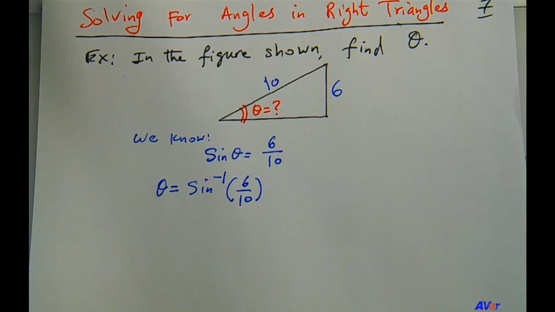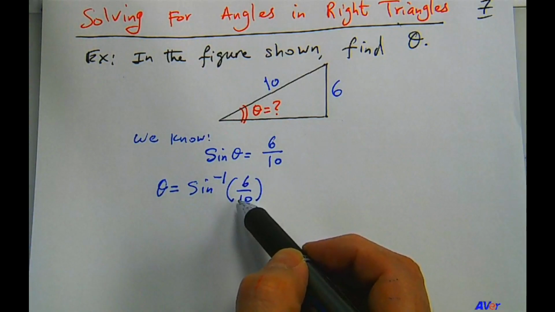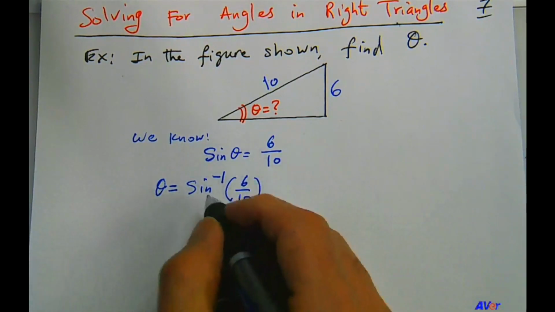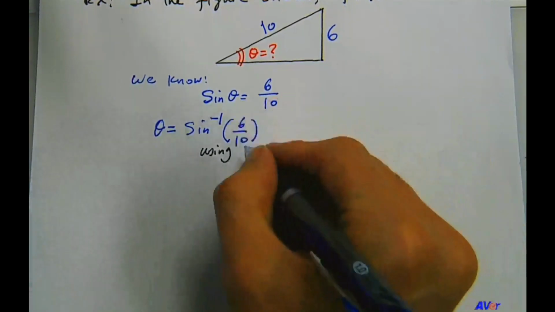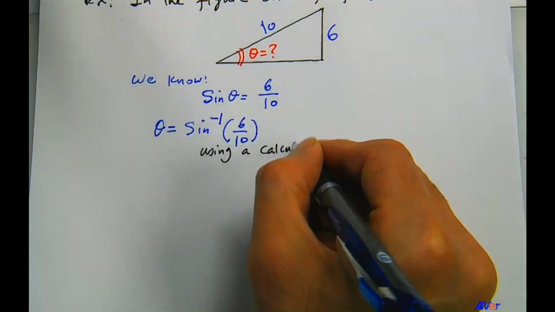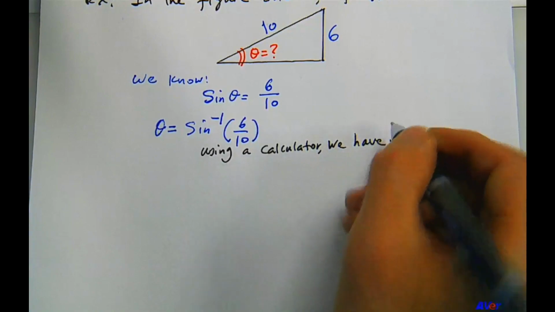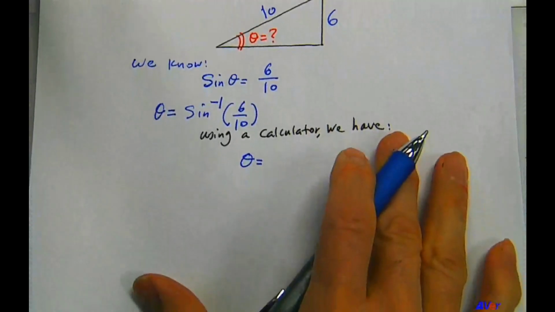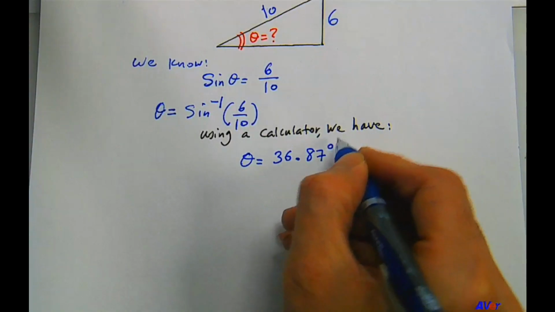Okay, so now we have to use the calculator because this number we're not going to be able to find in the special trigonometric values table. So using a calculator, we have theta as 36.87 degrees.